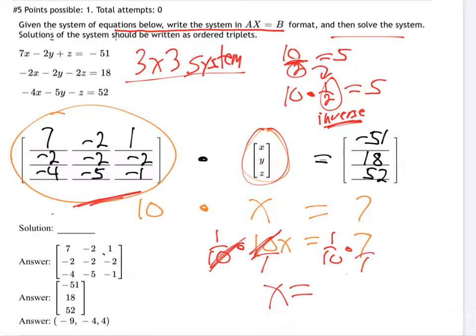Again, the 7's over 1, so 7 times 1 is 7, 10 times 1 is 10. Same answer. Dividing by 10 is the same as multiplying by 1/10. Dividing by a number is the same as multiplying by its inverse. So that's how we solve a normal equation: we multiply by the inverse.